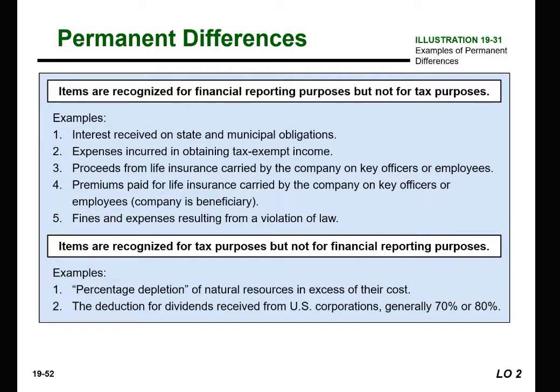Items that are recognized for tax purposes but not for financial reporting purposes are the percentage depletion of natural resources in excess of their cost, the deduction for dividends received from U.S. corporations, and that's usually 70 or 80%.